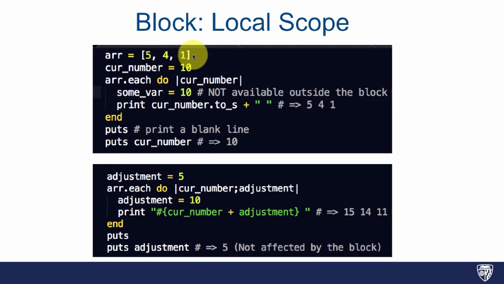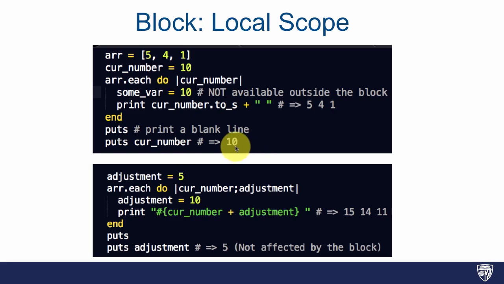So you have an array with a bunch of values. You have a current number, which is 10. But current number is also a name of a parameter to the block. Because of that, when you're looping through the array of 541, the current number is 541, which gets printed out here.